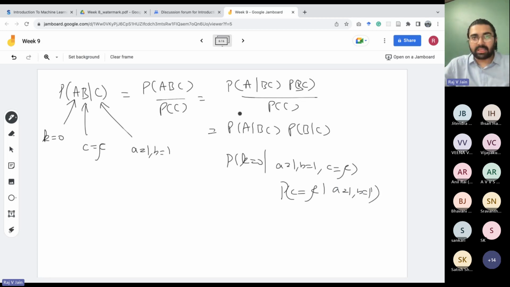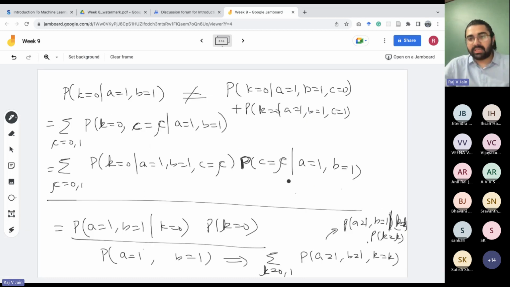Now the issue with this is you cannot compute these probabilities. We don't have access to these probabilities. That's the problem. So that is why we just ignore that C condition and use only A and B. See, there's no ignoring, Bhavani.